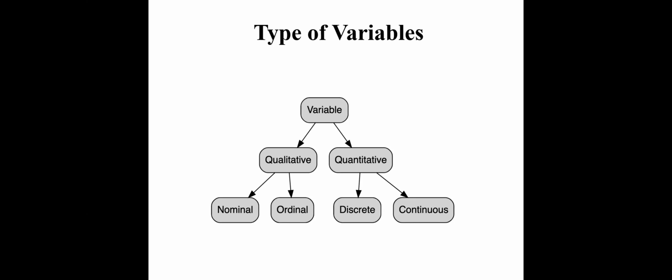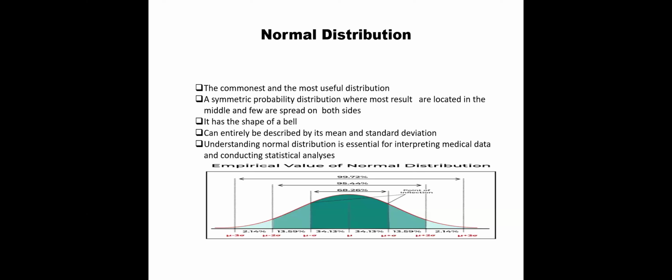And discrete variables, like number of parity, cannot be 1.5. It can be 1, 2, 3, 4 in a woman. So this is a discrete variable which takes any integer value. But in the continuous variable, we can have any value between 0 to 1 or 1.5, 1.6, like in the case of weight, it can be 35.5, 35.2. These are the continuous variables.